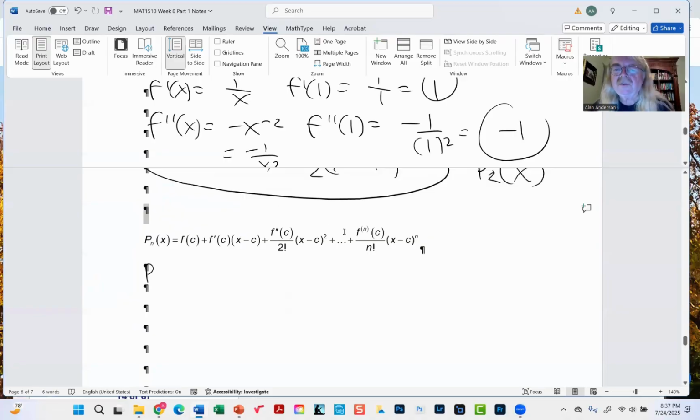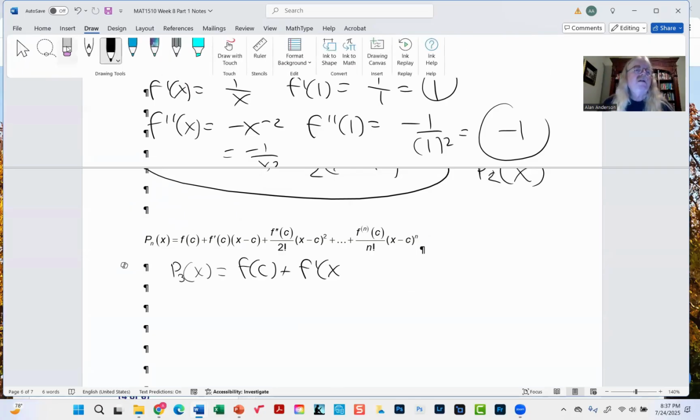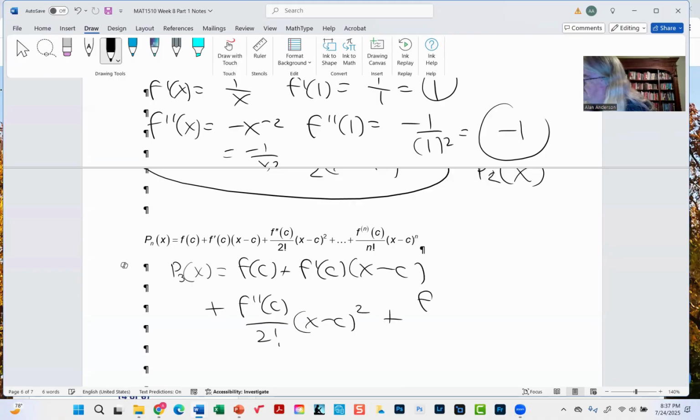Now, of course, they didn't show all the intermediate terms. They've got all these dots here. So let's do this first. So that's the pattern that's forming here.